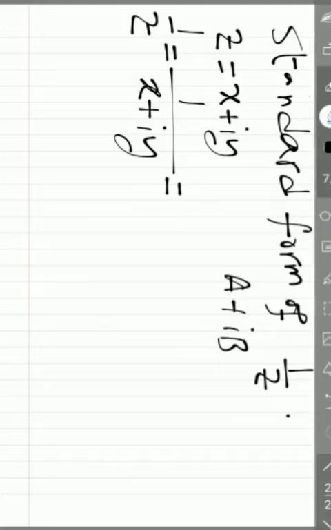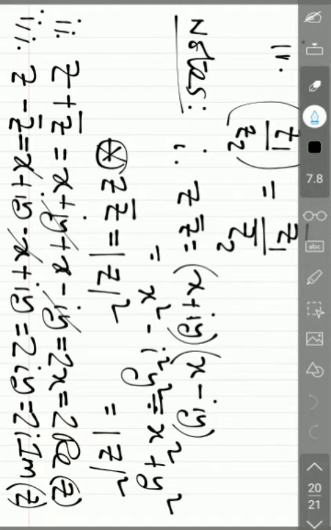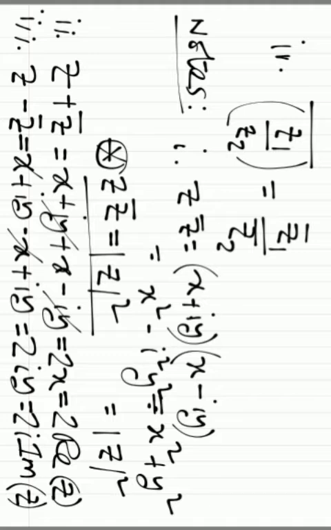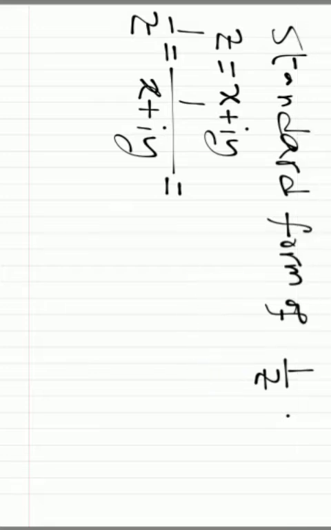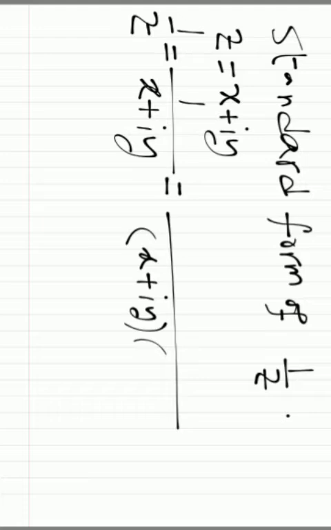So to remove it, we will apply this relation z into z bar equals mod z square. Since mod z square is a real number, multiplying z with its conjugate, we will get some real number. So keeping that in mind, we are trying to do that here. We are multiplying by the conjugate of the denominator, so that in the denominator it becomes a real number.